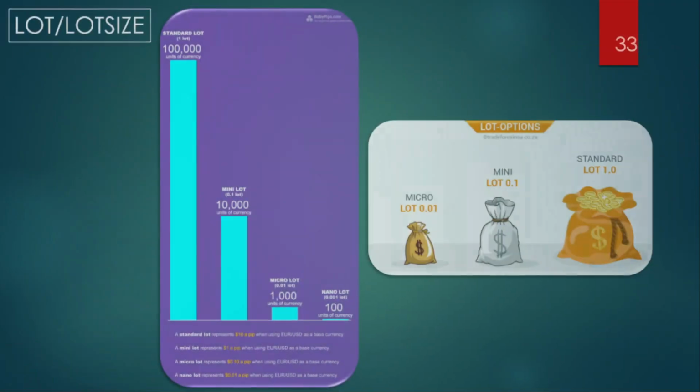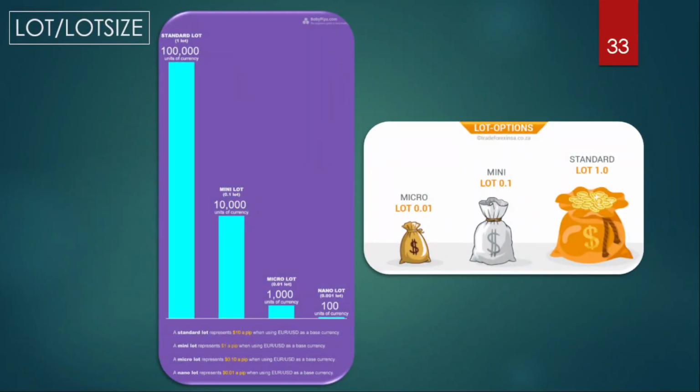Moving on to the lot sizes, we said that a standard lot refers to 100,000 units. If you are using a lot size of 1, that means this lot size of 1 represents 100,000 units.